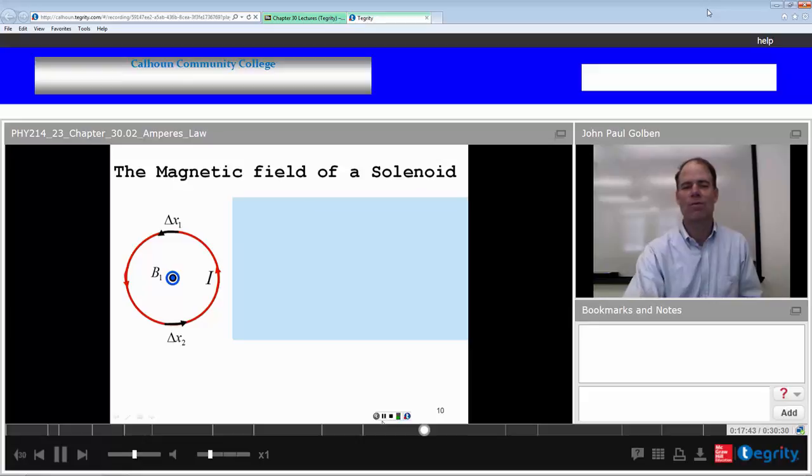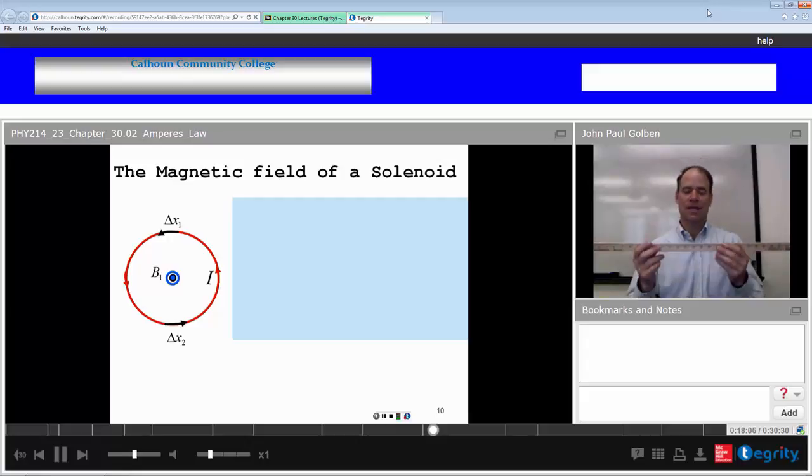Well, we want to use Ampere's law for more things than just infinitely long wires. And one question you might have already is, how often are we going to be dealing with infinitely long wires? That's a good question. In terms of problems, quite a lot. In terms of the real world, well, we don't usually have infinitely long wires.